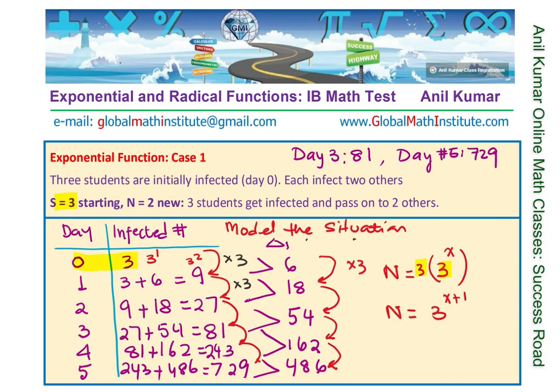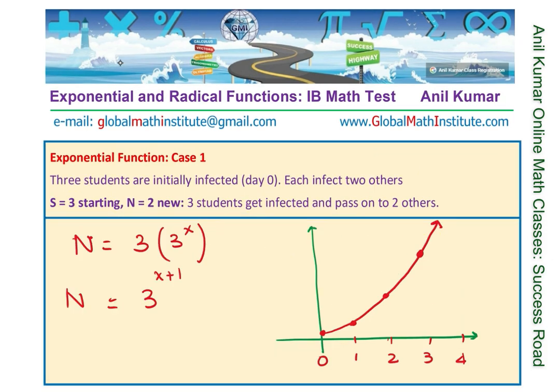As you can see very clearly, this number is 3 to the power of 1, right? This number here at 1, we have 3 to the power of 2, correct? You get the idea, right? And here at 3, we have the value which is 3 to the power of 4, correct?